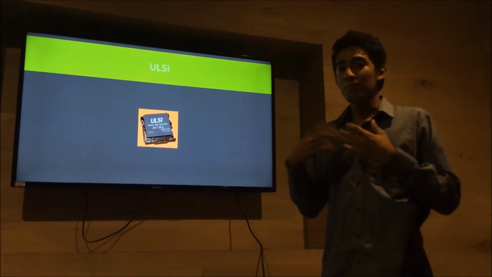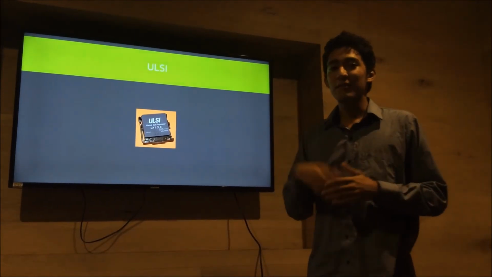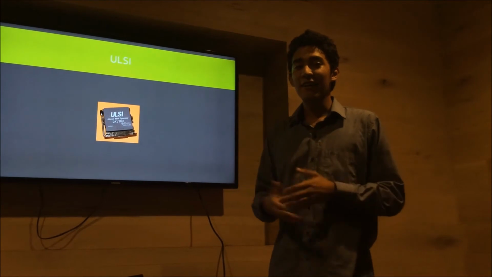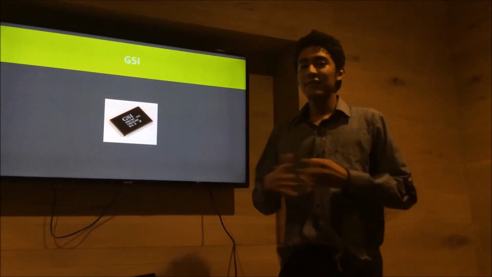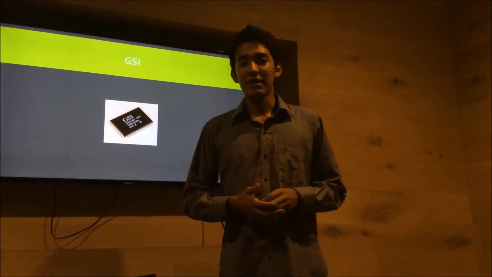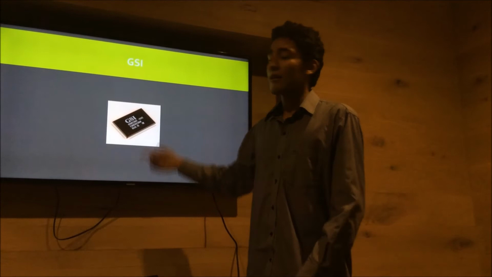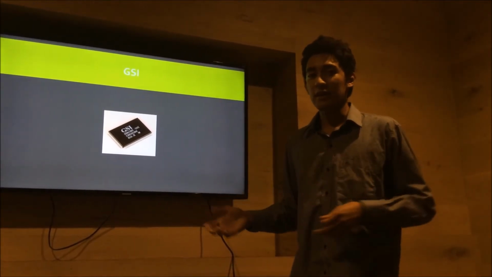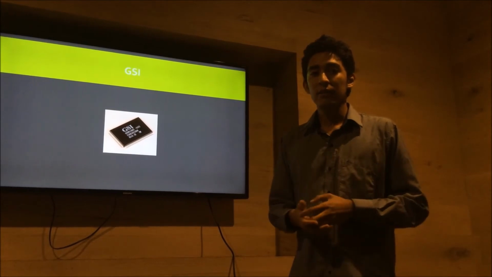But guess what? We have more, ultra large. So it means that we are not talking about thousands, we are talking about hundreds of thousands of gates. So it's incredible how the technology has advanced, because nowadays we can find giga. Giga numbers means more than millions of gates.